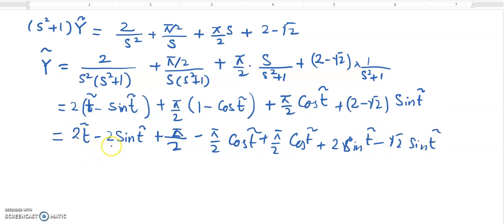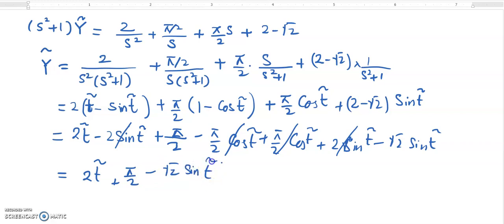Minus 2 sine of t tilde and plus 2 sine of t tilde cancel out. Minus pi by 2 cosine of t tilde and plus pi by 2 cosine of t tilde cancel out. So the terms remaining are 2 t tilde plus pi by 2 minus under root 2 sine t tilde.